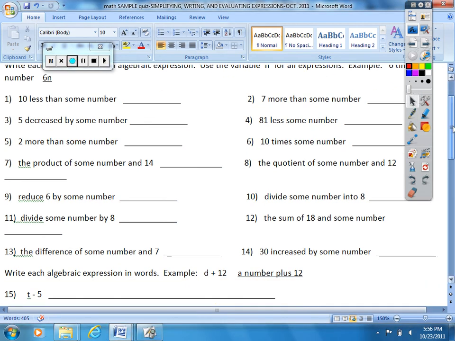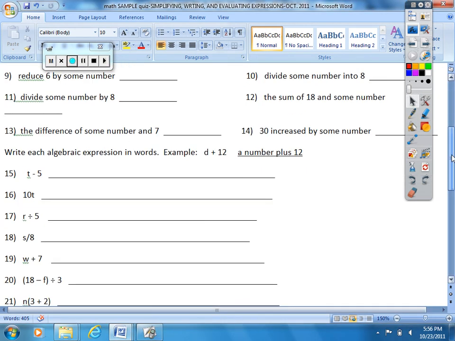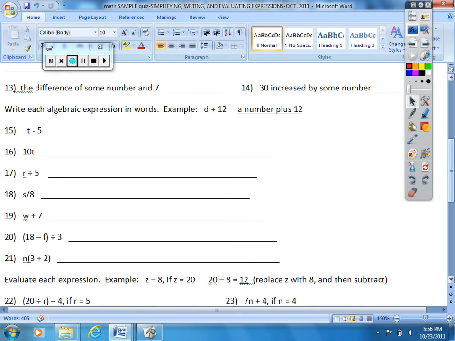Or once again, it will never get done. Here, you're writing each expression in words. Example, d plus 12, a number plus 12. Now, these are pretty simple. The students do well on these. I'm going to just pick a couple of these. There are umpteen options to write t minus 5. You can write t minus 5, but I'll show you a couple of others too. You could say t reduced by 5.